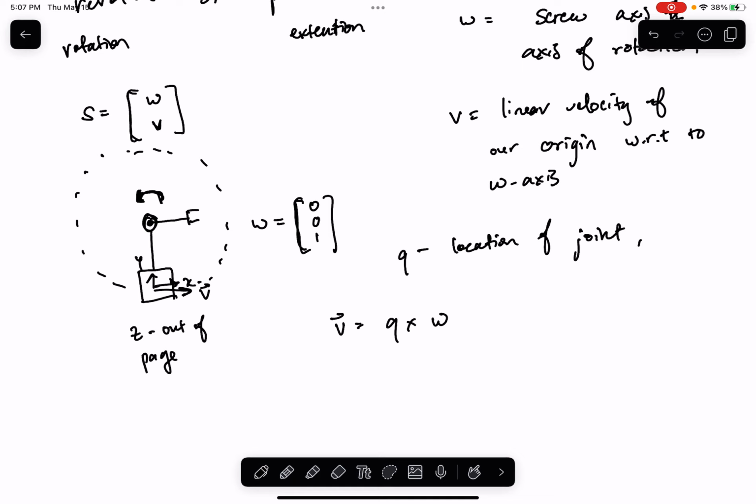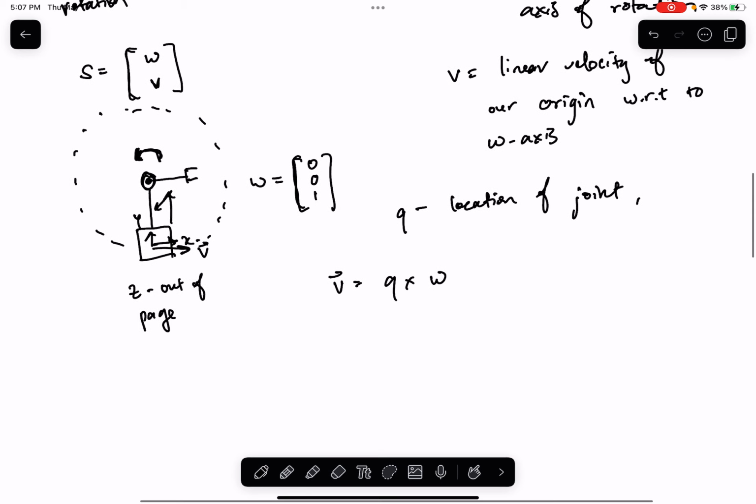And we can validate this with the right-hand rule as well. So our q would be in the positive y direction, and our omega would be in the positive z direction, which would make our v in the positive x direction, and that checks out with this rotation. And this v component is just the linear velocity.